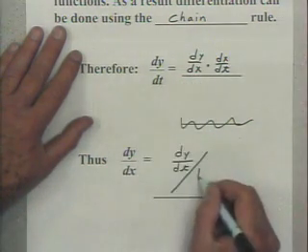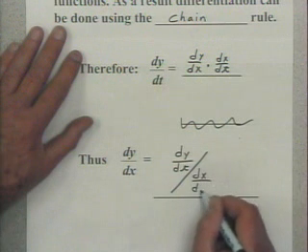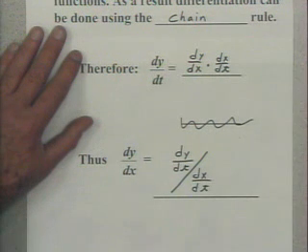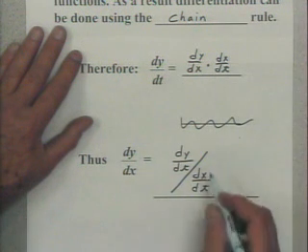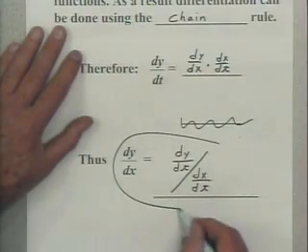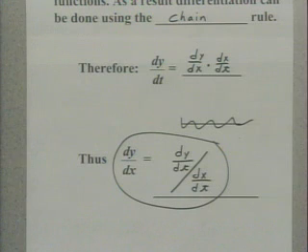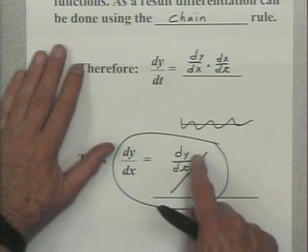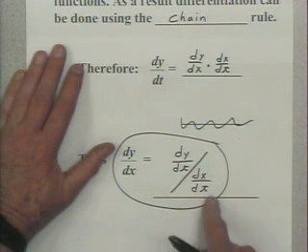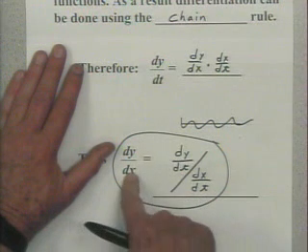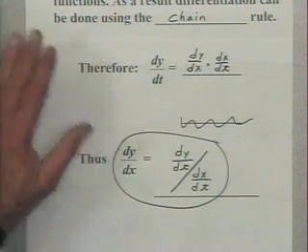So don't you have to divide it by dx over dt like that? And right here is the official formula. If you want to find dy dx and y is in terms of t and x is in terms of t, just take the derivative of y with respect to t and divide it by the derivative of x with respect to t, and you'll have the derivative of y with respect to x that you wanted in the first place.